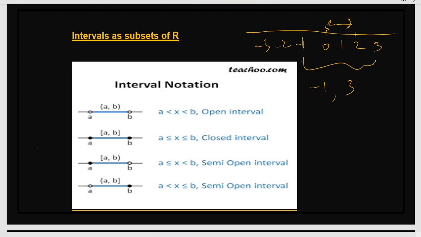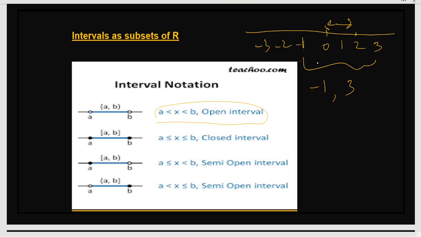Now we will follow certain notations. Open interval means: start point is A, end point is B. You can see a small dot which is not solid, like a small circle.